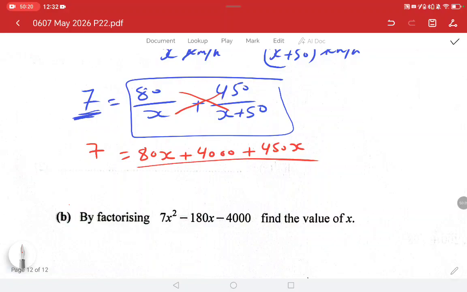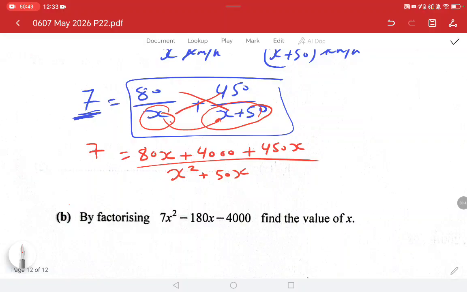This is the cross multiply. Divided by what? Divided by this one times this one, like x times x plus 50. x times x is x squared, and this one is 50x. This is the common denominator.